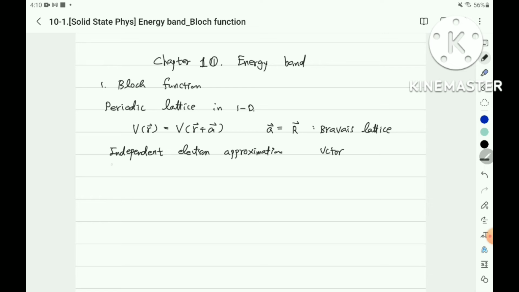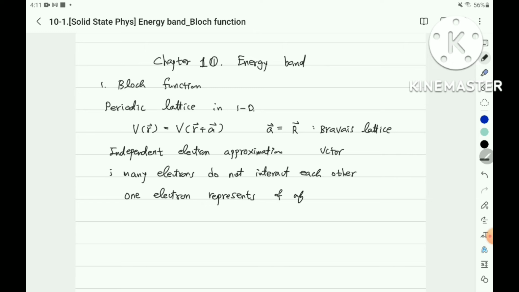The independent electron approximation says that many electrons do not interact with each other, and one electron represents the whole electron system.